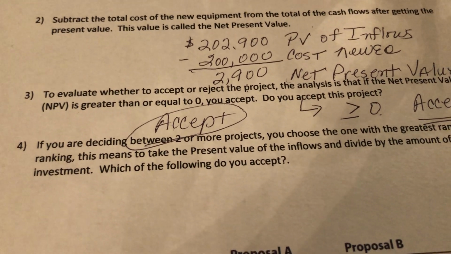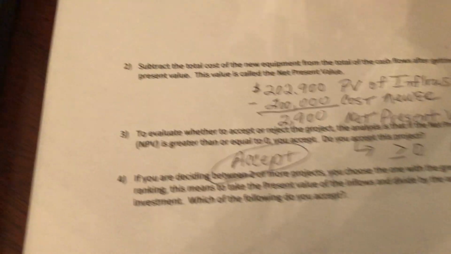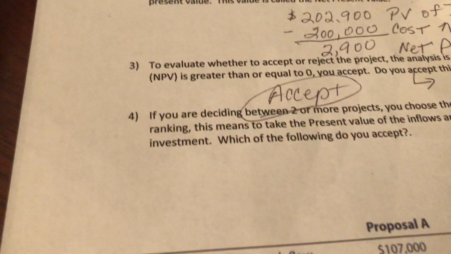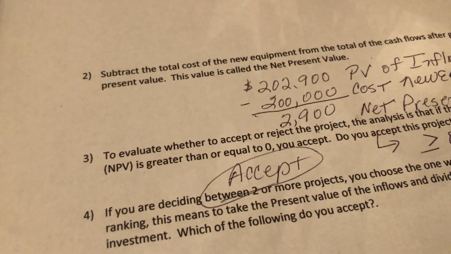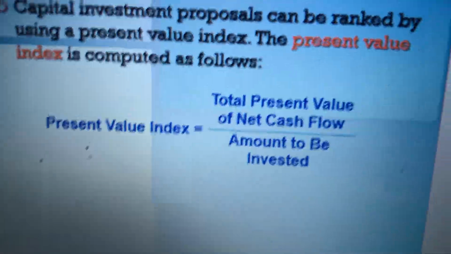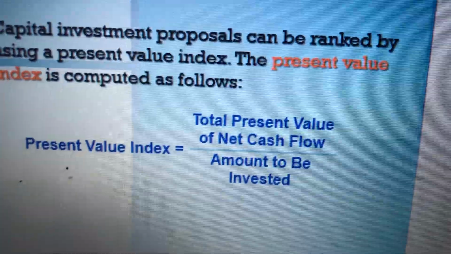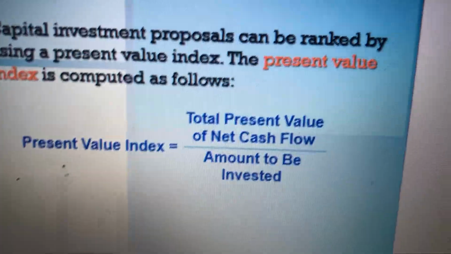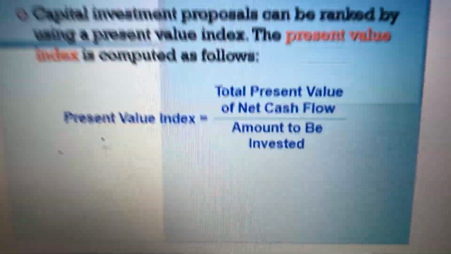Now there's something that you can do here called ranking a project, and for that we use what's called an index. That's what they're talking about in this last part. It's called the present value index. Now, what I want to do in number 4 is get the index for this particular problem.